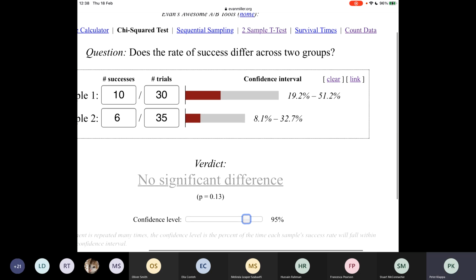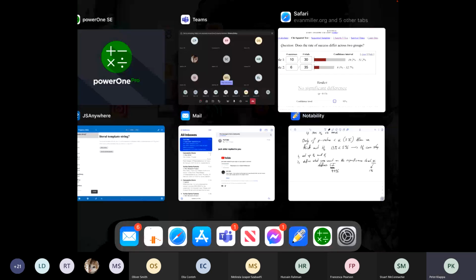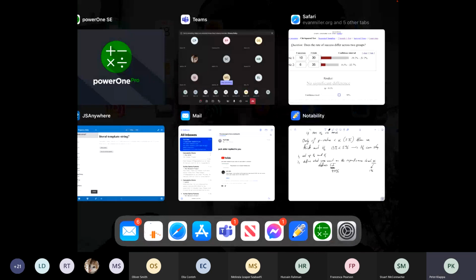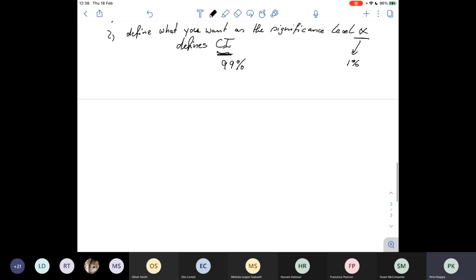Maybe something interesting to note with the margin of error here. We said that we have p prime plus minus the margin of error.